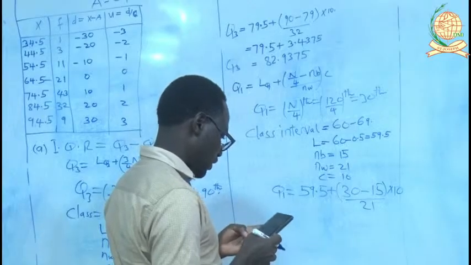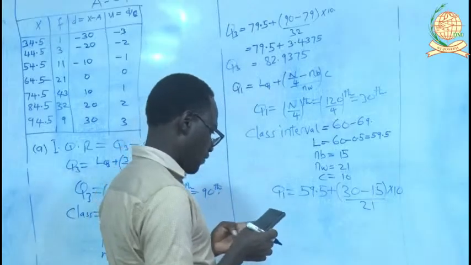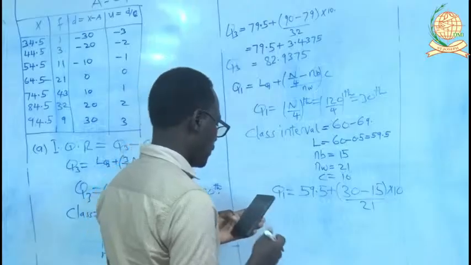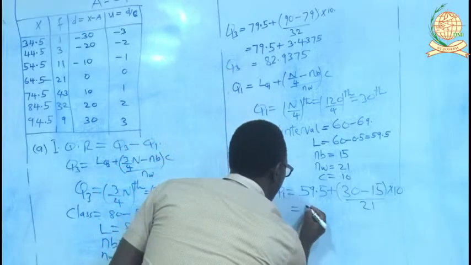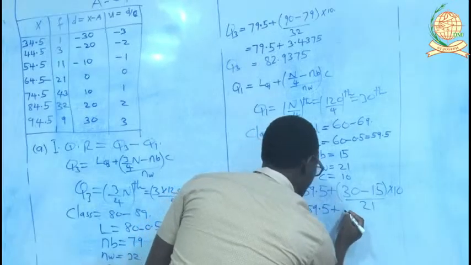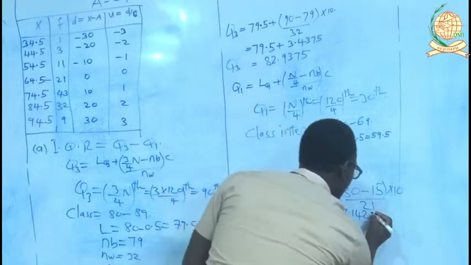And then 150 divided by 21. So there we get 59.5 plus 7.14286.